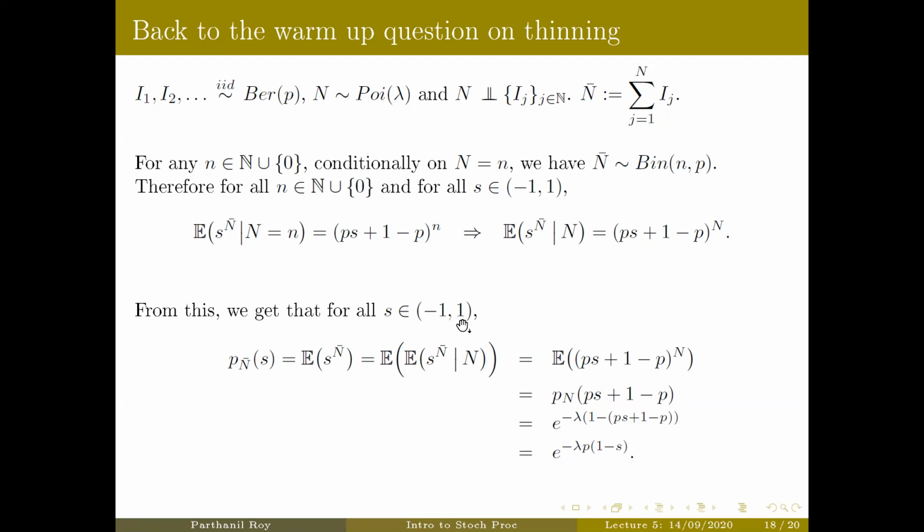And therefore, by our theorem, this should uniquely specify the distribution of N bar, because this is just the expression of the PGF of the Poisson distribution with parameter lambda times p.